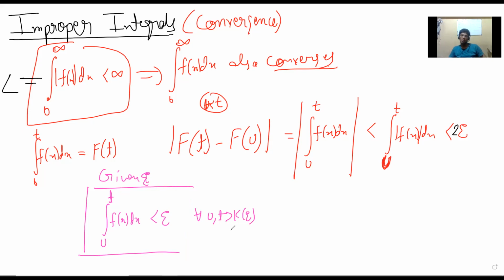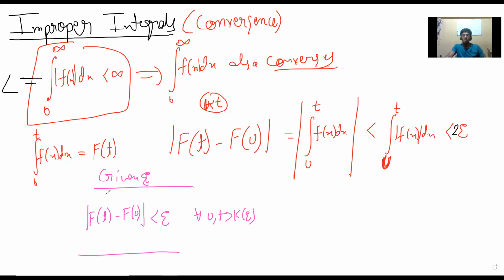Now you can use this to show that the limit as t goes to infinity actually exists. This has nothing to do with integrals. It has absolutely nothing to do with integrals. F is a function, and you have shown this Cauchy type criteria.